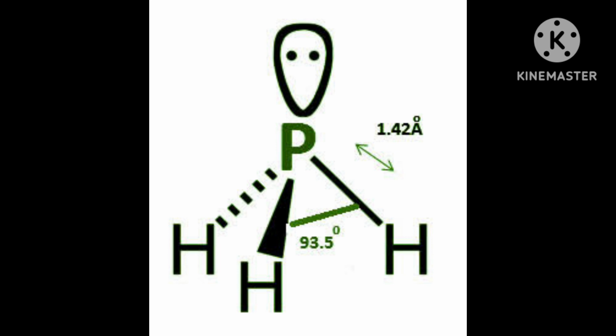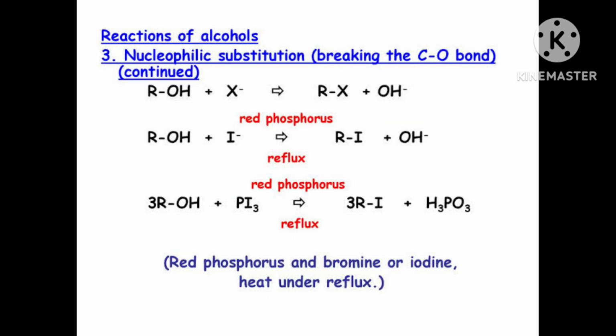Now the reaction: CH3COOH, acetic acid, plus PCl3 gives two products.